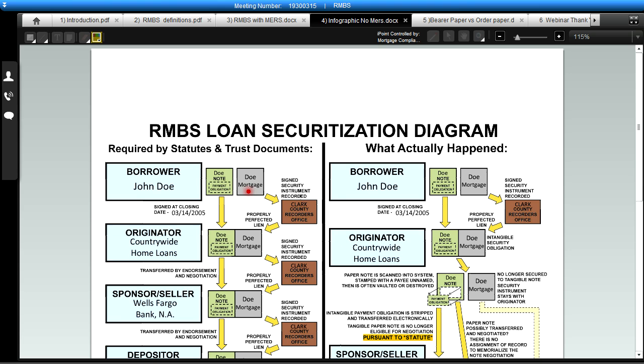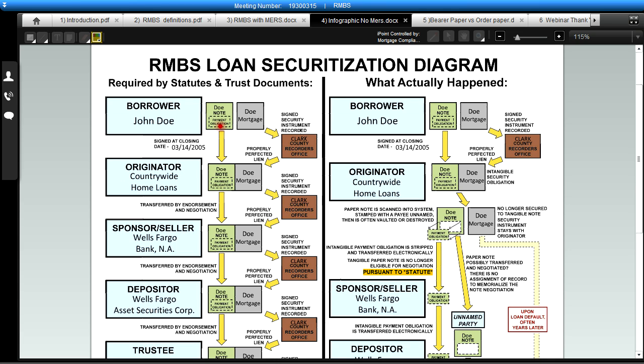Arm's length transactions, meaning from party A to party B, then party B to party C, party C to party D. In addition, these transactions are to be in writing. Many states have what's called statute of frauds, and this was done to keep the honest people honest. Now, let's take a look at what actually happens.